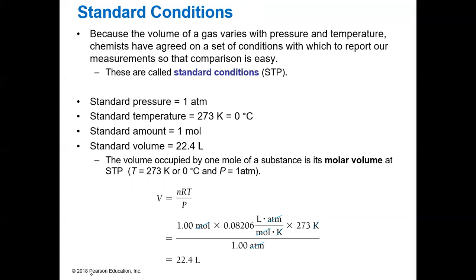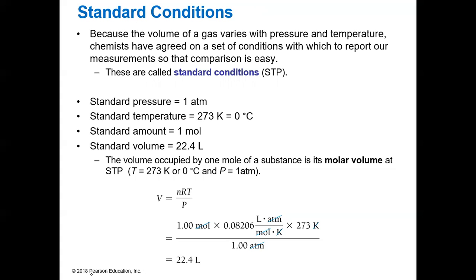All right, so the volume of a gas is going to vary with pressure and temperature. So chemists agreed on a set of standard conditions to make comparisons easier. It's kind of like the standard states and the standard enthalpy of formation.